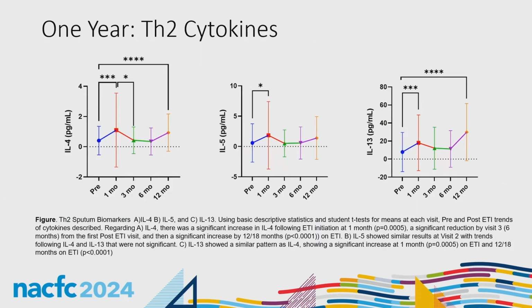However, this is basic means looking at these values across a 1-year period following ETI administration. So these are sputum samples obtained from the PROMIS study of people who in the pre-phase were not on ETI and then subsequently started it and continued through the actual PROMIS study. As you can see here, IL-4 and IL-13 certainly had some pretty impressive responses, but they did vary.